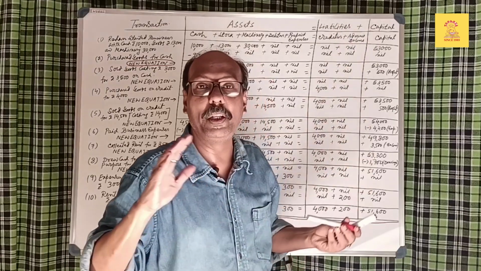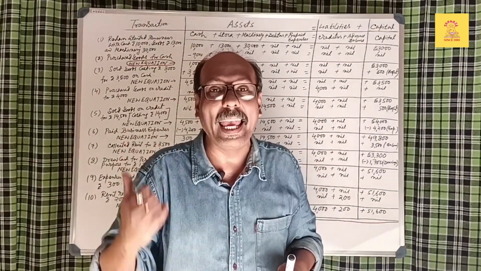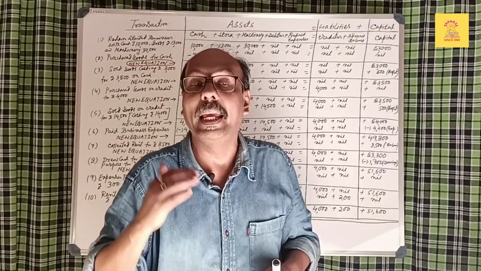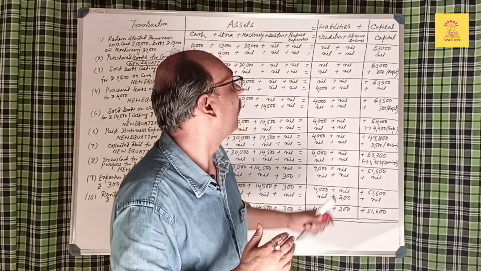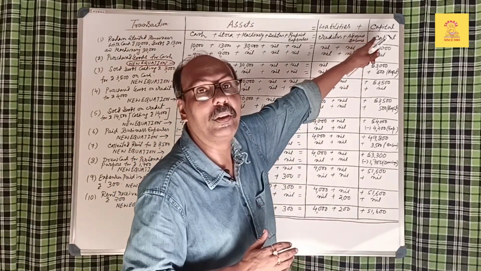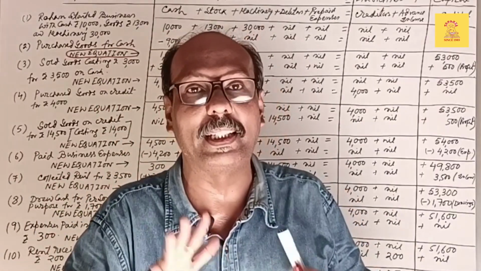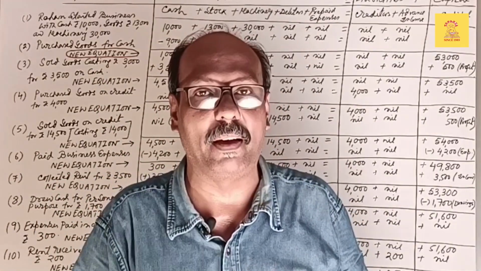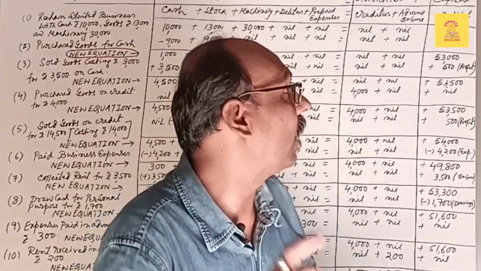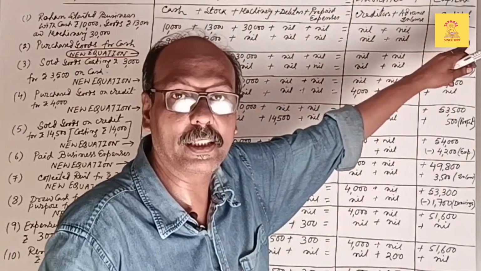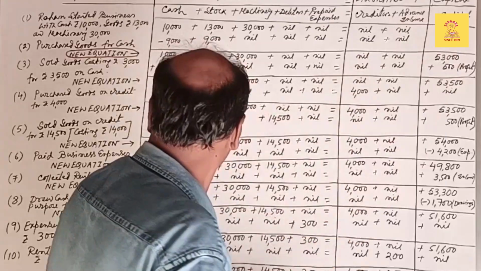So there is no need of showing any extra thing, because it is duly adjusted with your capital. Any drawing, expenses, losses, income, gain, revenue, whatever it be, will be adjusted with your capital. It reflects your capital.